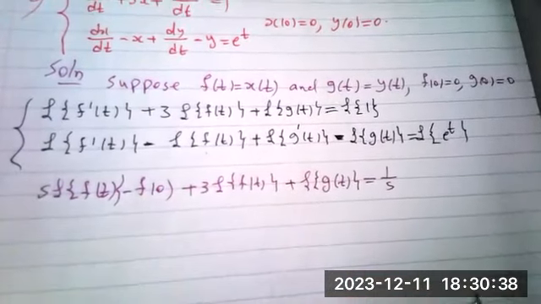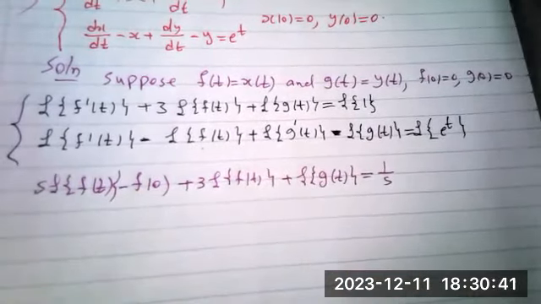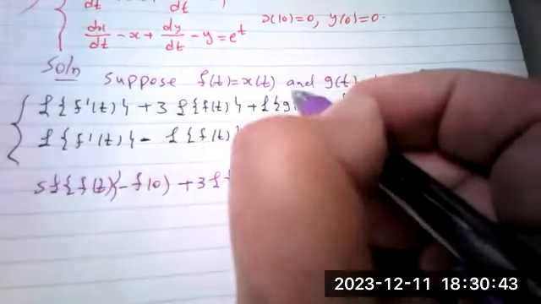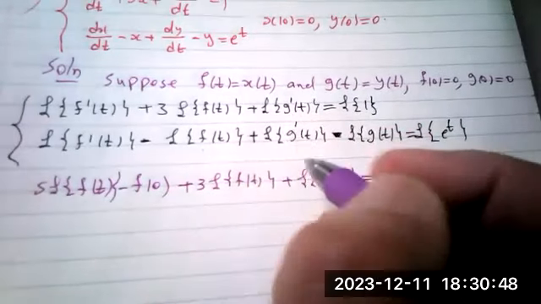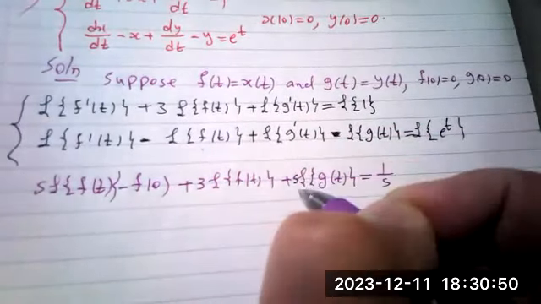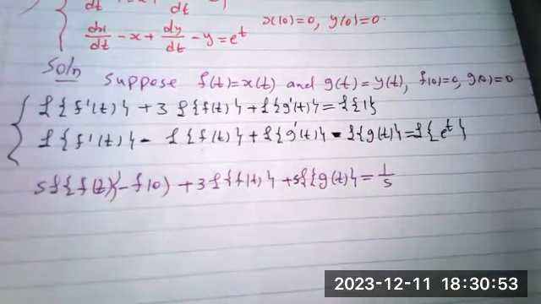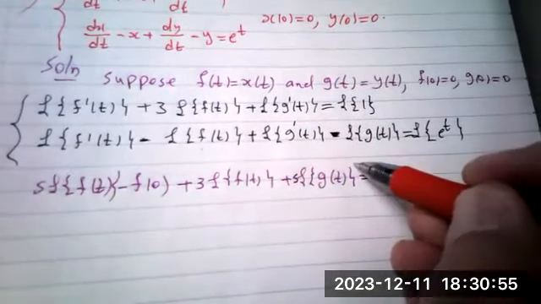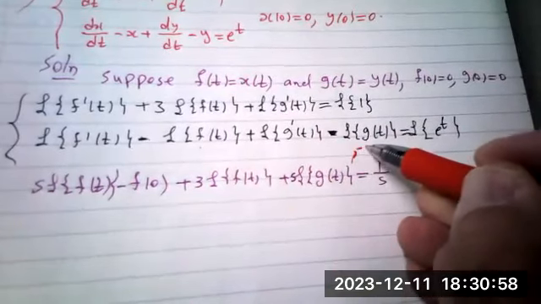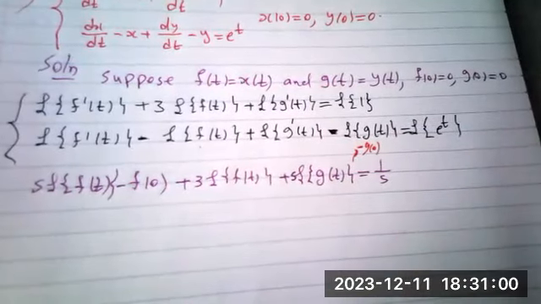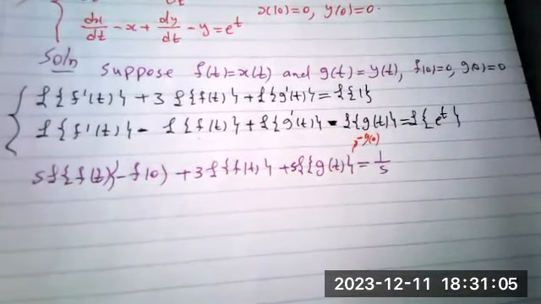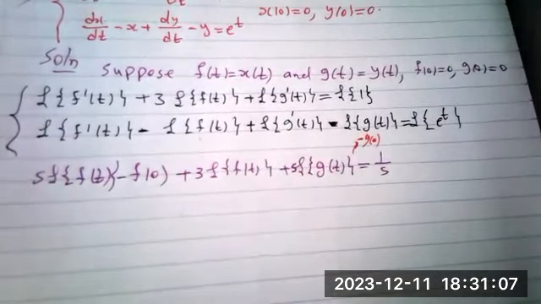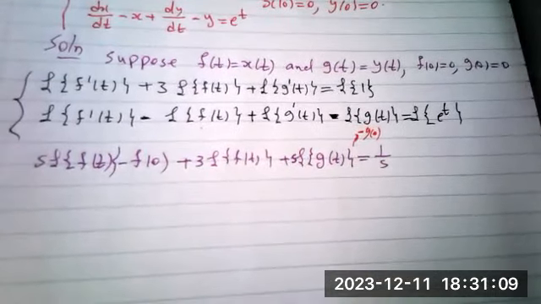Oh, you are right, g prime. So we change it to s Laplace of g of t minus g of 0, which is 0. And Laplace of 1 is 1 over s, okay?